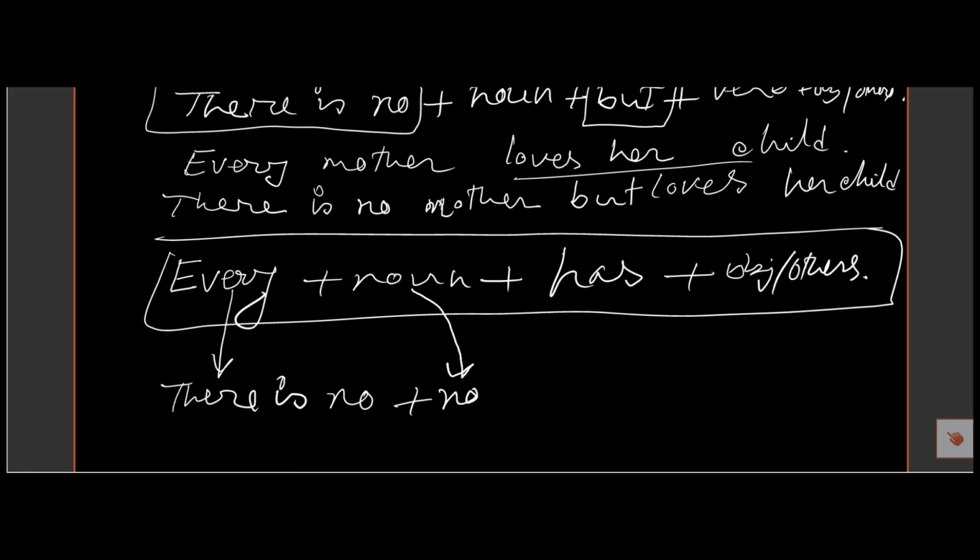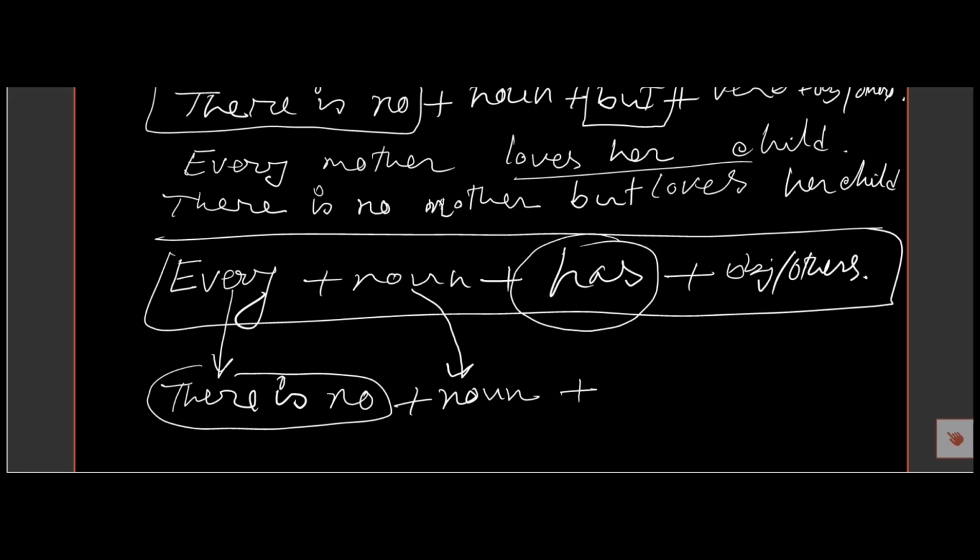And instead of has we must use without. This is the rule. Then object or others and a full stop. This is the example.